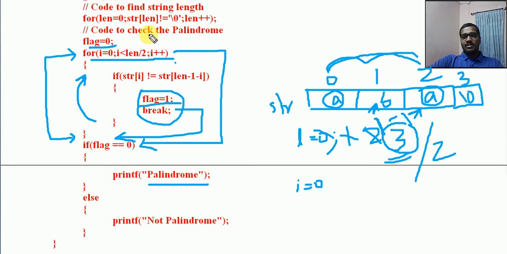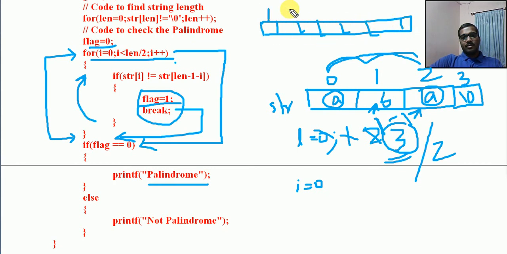Okay, so that will happen. If you are having some larger elements, compare these two. If they are not equal, it is not a palindrome, very clear. If they are equal, check for these two. If they are also equal, check for these two.